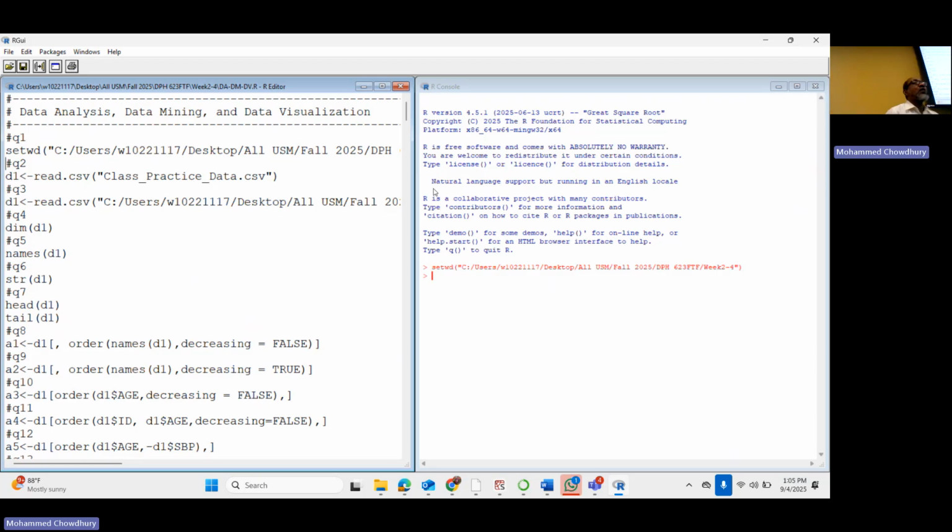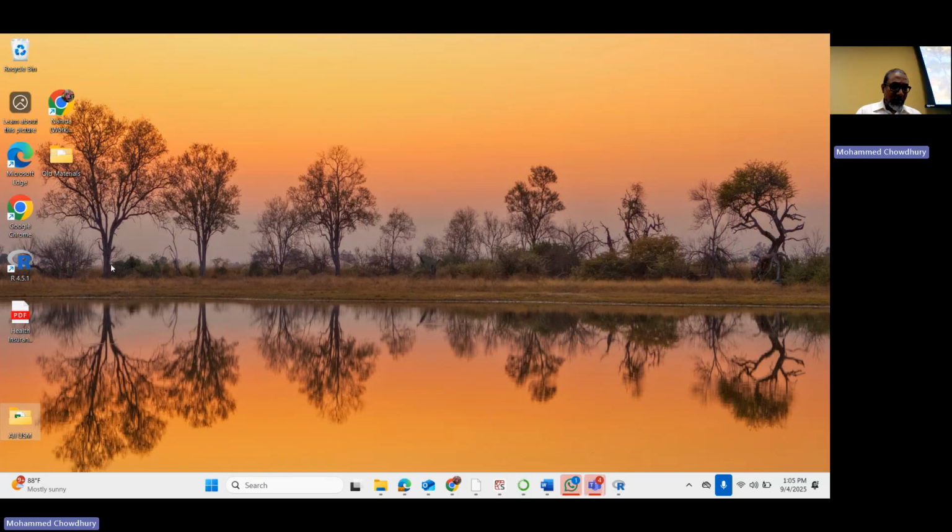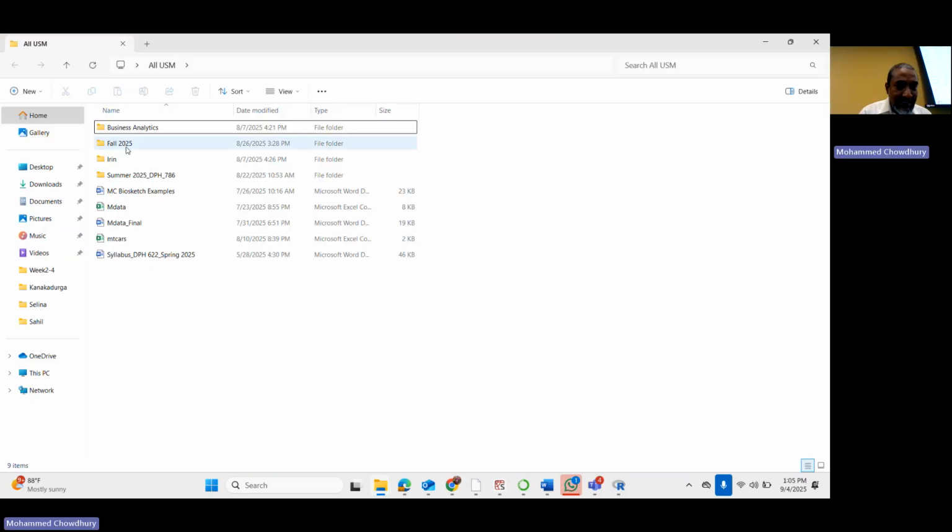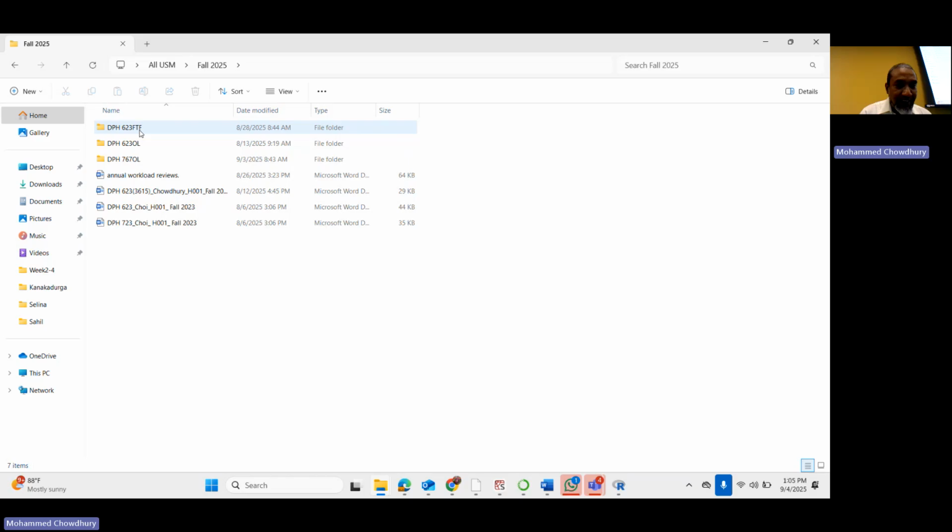After declaring these things, now I want to import the data. How can I import? This is the data. That data I also uploaded in there. So the data has been imported, because this data is sitting in that directory. Understand? Okay. So let me show you. This is the directory, All ASM, and this is the fall 2025, this is the face-to-face folder.